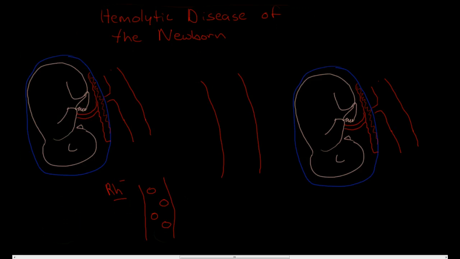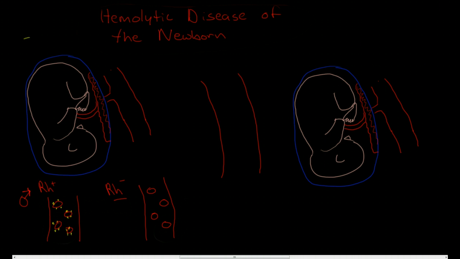Now this mother gets together with the father, who is Rh positive. So he has Rh antigens on his erythrocyte membranes. So that's little proteins on these membranes. So they're Rh.